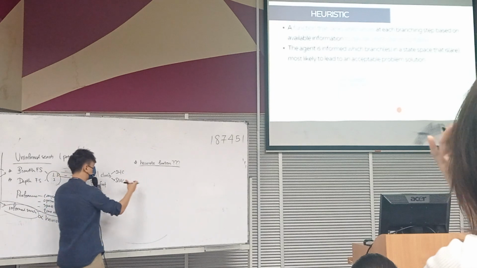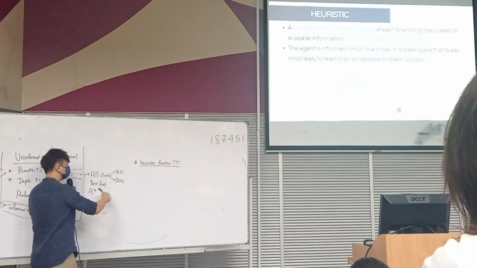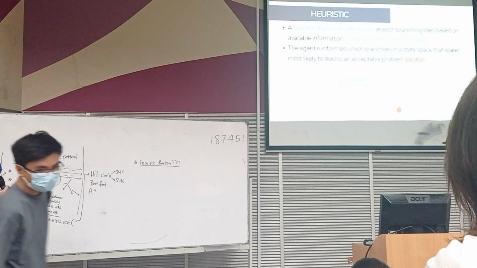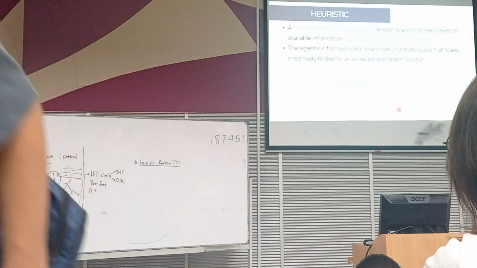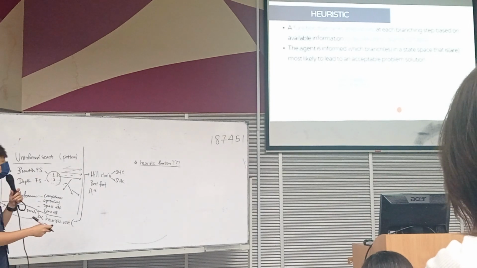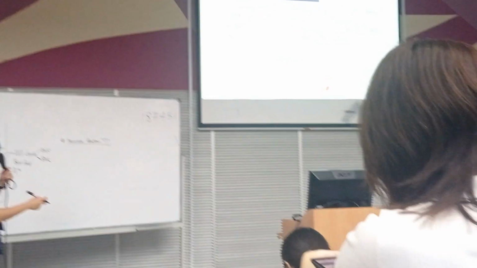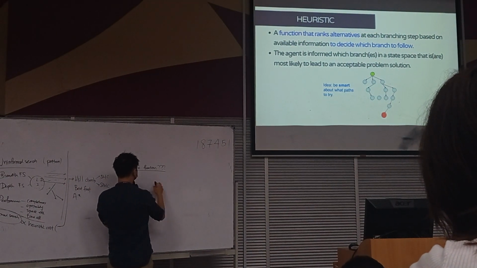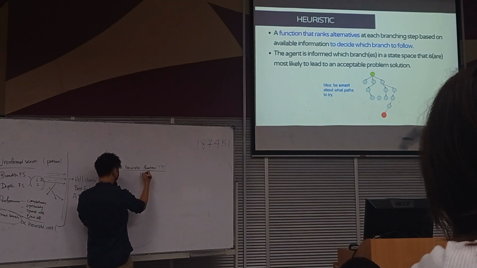If you don't understand what a heuristic function is, you will probably be lost in all these algorithms. So what is a heuristic function? This is the definition: it's a function that ranks alternatives at each branch based on available information to decide which branch to follow. Meaning that a heuristic function is a function that generates the heuristic cost.